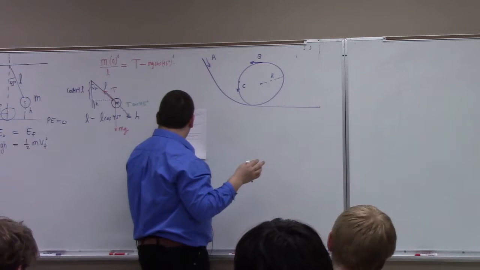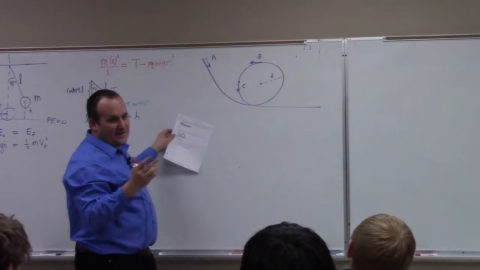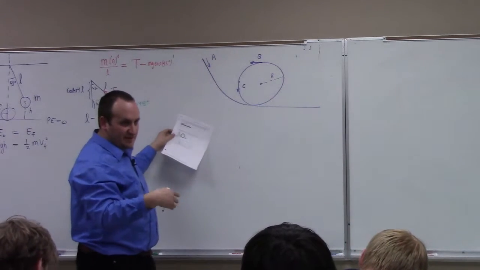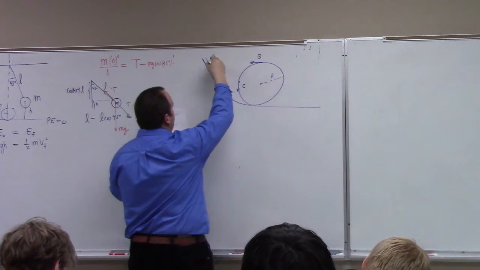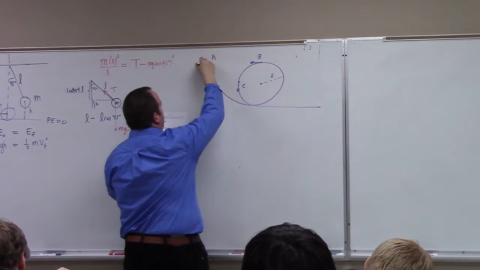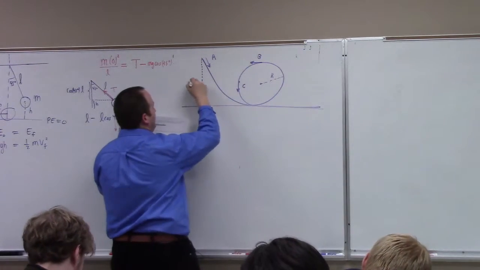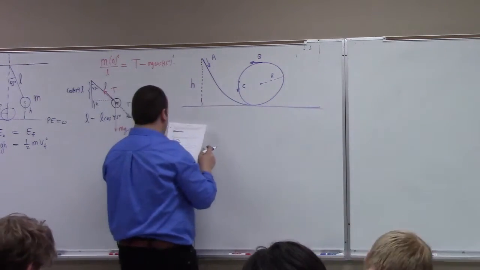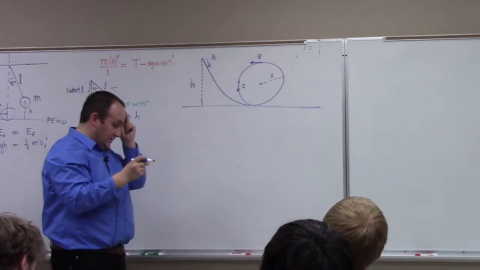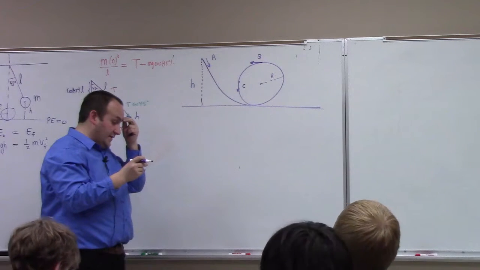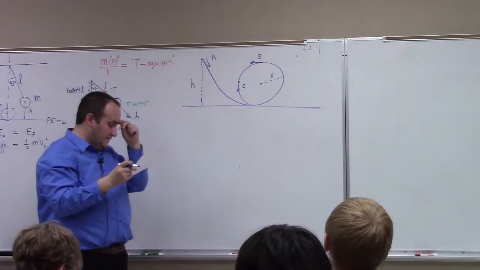Okay, sure, why not? That's just a fancy way of saying ignore the fact that it's got wheels and other forms of energy, right? Like wheels have a rotational kinetic energy, much like the yo-yo I was showing you. So we're neglecting all that. So this is h. What is the minimum value h in terms of r such that the car moves around the loop without falling off at B?